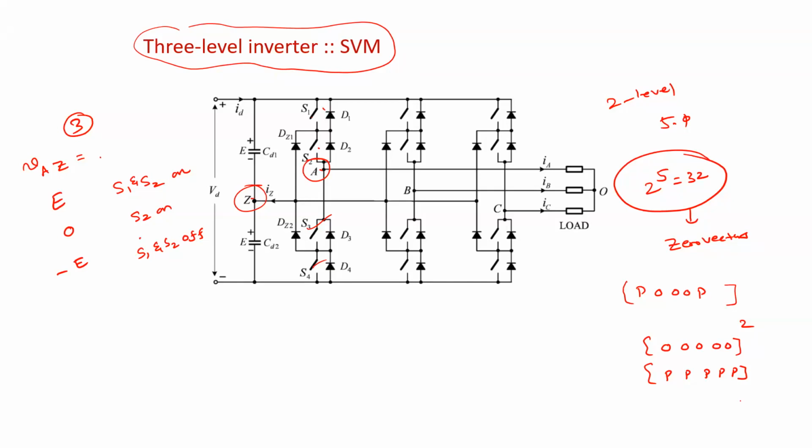When implementing it for a 2-level inverter in the same manner, here we have 3 voltage states. Assume this is the P state, this is the 0 state, and this is the negative state.